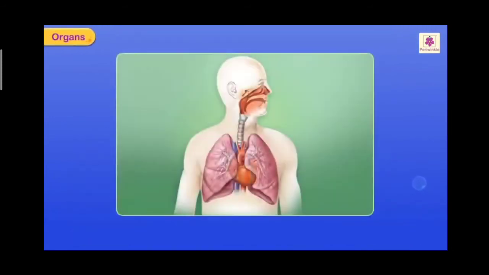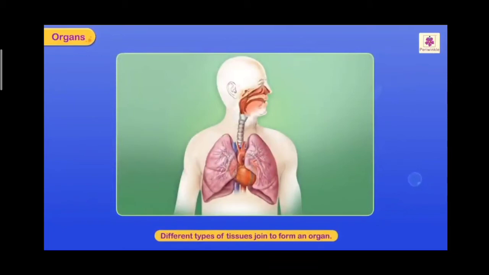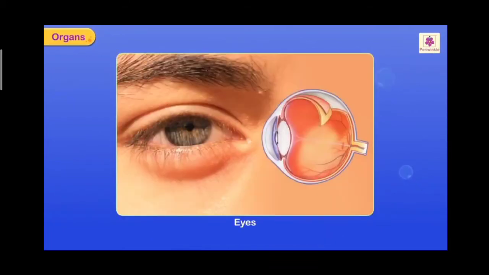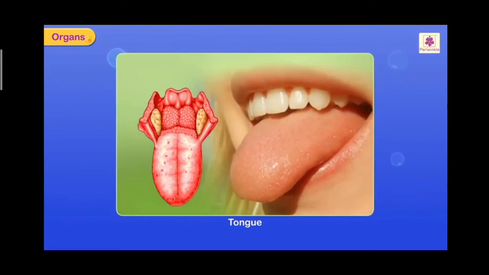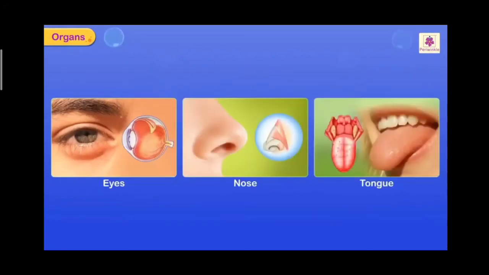Organs. Different types of tissues join to form an organ. Eyes, nose, tongue are organs that are made up of tissues that help us to see, smell, and taste.